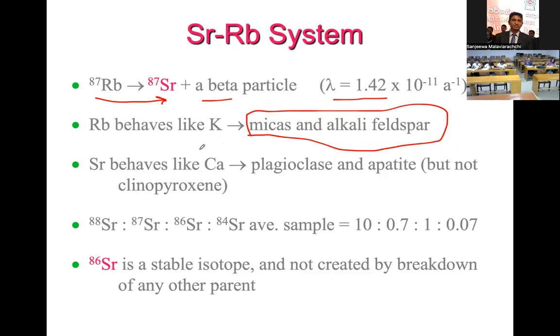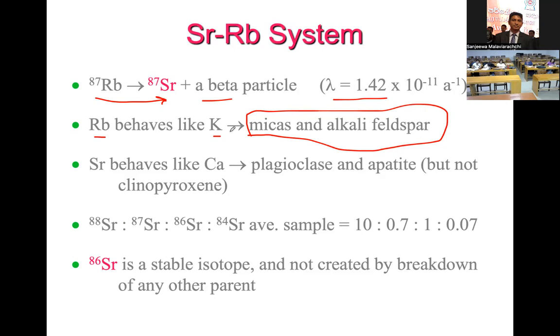Okay, so we consider micas a good host for this type of rubidium and potassium. These are alkaline elements, and they like a lot of fluid bearing phases. That means mica is a hydrous mineral, so there is a high chance for these elements to be concentrated in mica.